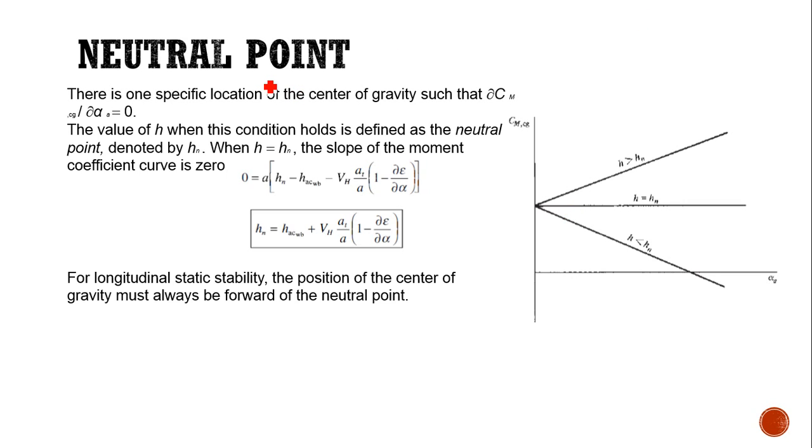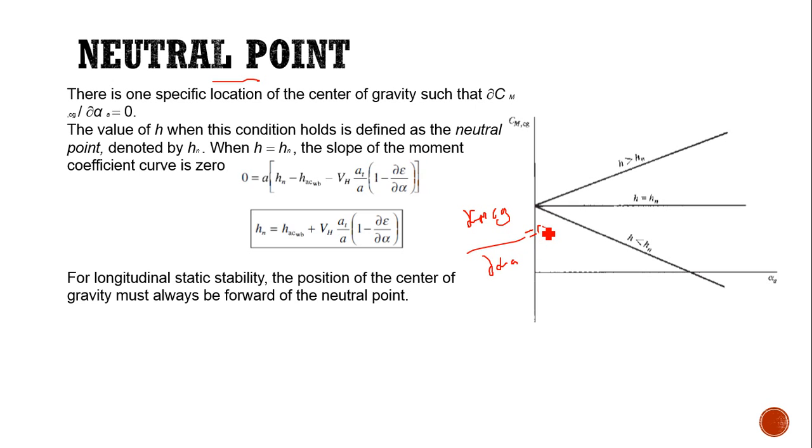The next thing is the neutral point. So for the neutral point, at some condition, the value of ∂CmCG by ∂α will become 0.